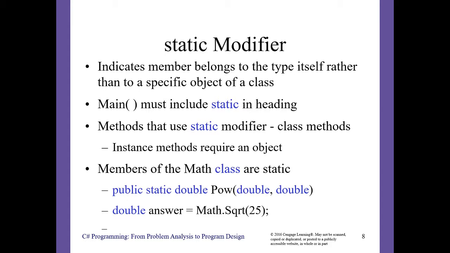Whenever we run the power, we don't have to create an instance, like new power equals this and this and this, and we'll see more of that in other classes. We can just say, using the math class, run the pow function. Or using the math class, run the square root function and pass in a parameter of 25 and give me the square root of that.